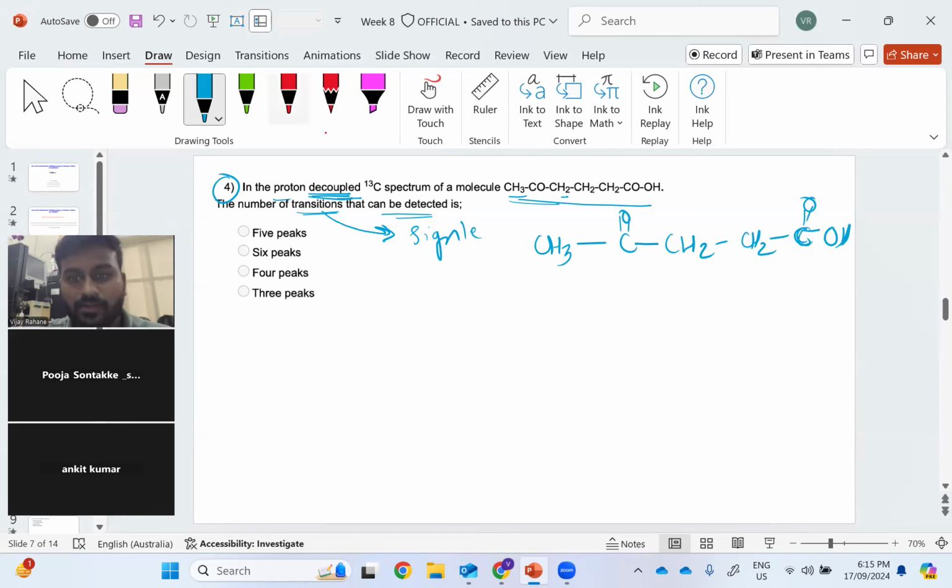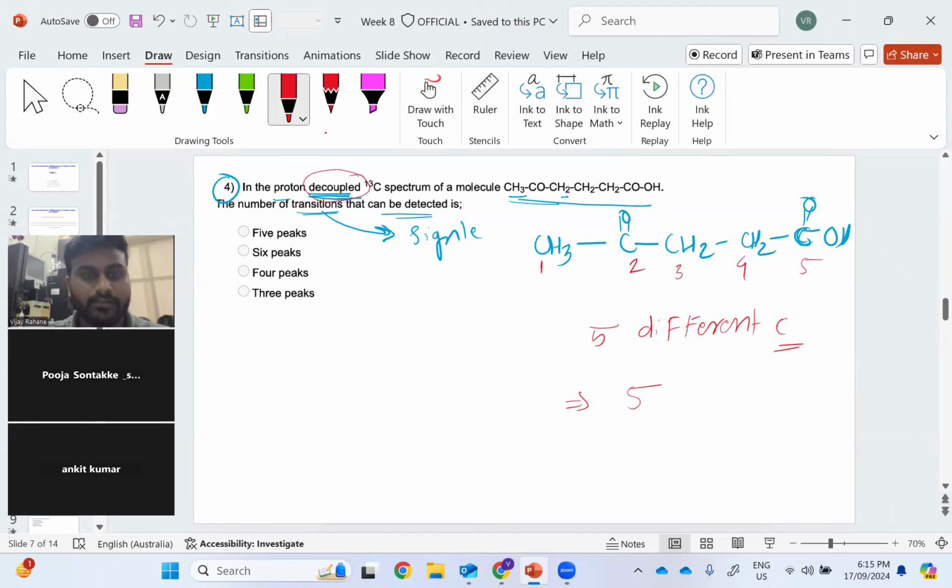So if you give the numbering to this one, 1, 2, 3, 4, and 5, there are 5 different types of carbon, right? 5 different carbons are present in this molecule. So it will give a total of 5 transitions in the proton decoupled spectra, right? So here option 5 is the correct option, right?